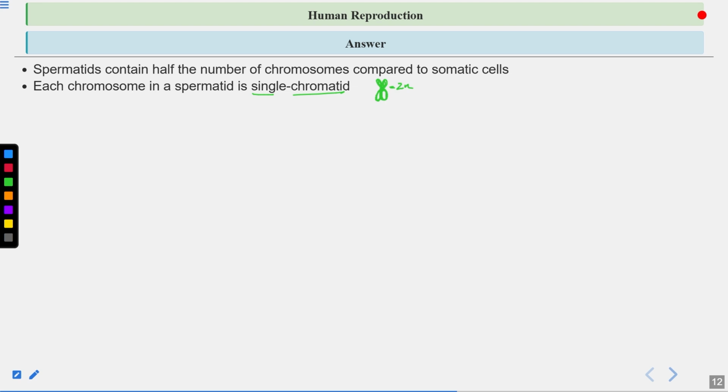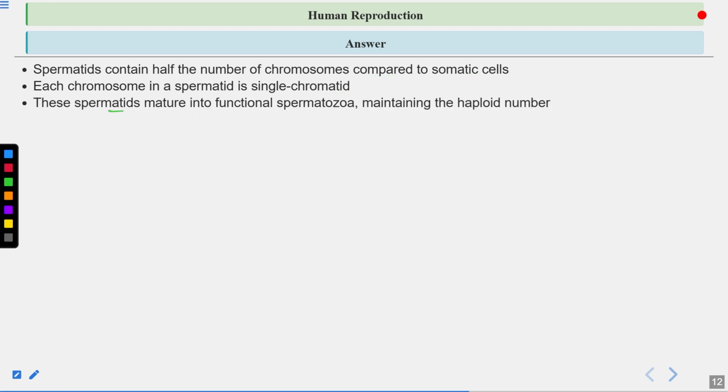In the haploid condition, n, a chromosome has only one chromatid. So this is a chromosome with only one chromatid. In the 2n condition, each chromosome has two chromatids, and these two are known as sister chromatids. Clear? So each chromosome in a spermatid has a single chromatid only.